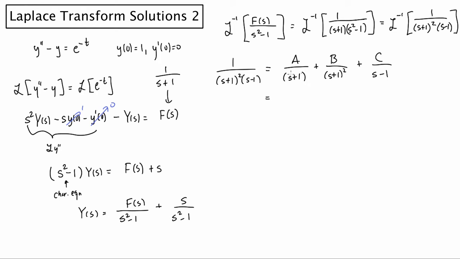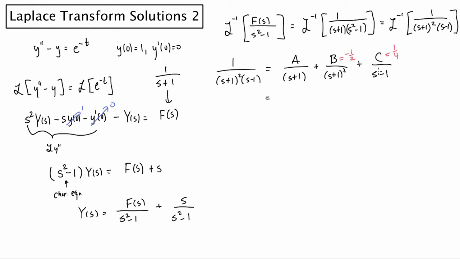So for example, b, using cover up, I would cover up the s plus 1 squared, so I would plug negative 1 into everything that's left, and that would give me negative 1/2 for b. Similarly, if I cover up s minus 1 for c and plug s equal to 1 into everything else, I would end up with a 1/4 for c.